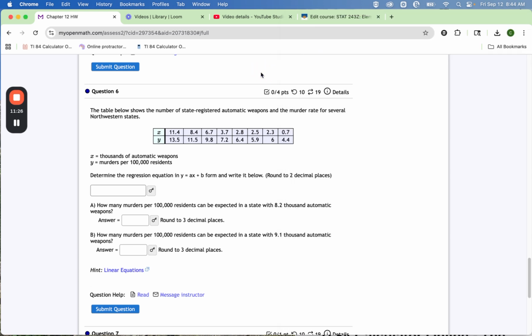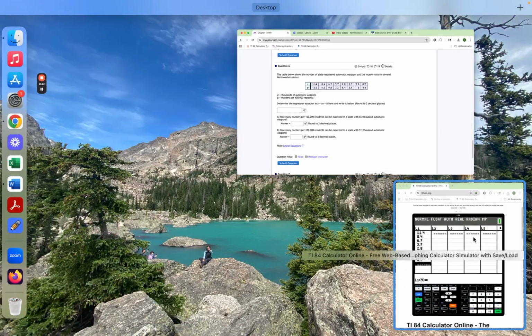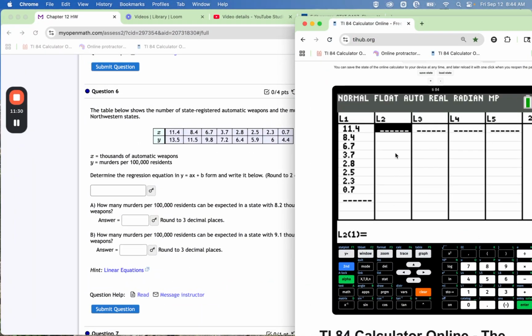Are there any more? That's it. Okay, good. Then second list, 13.5, 11.5, 9.8, 7.2, 6.4, 5.9, 6, 4.4.